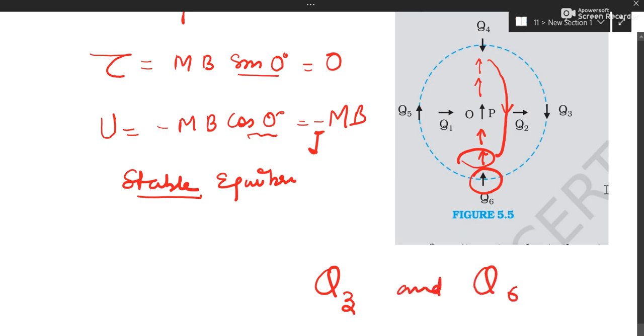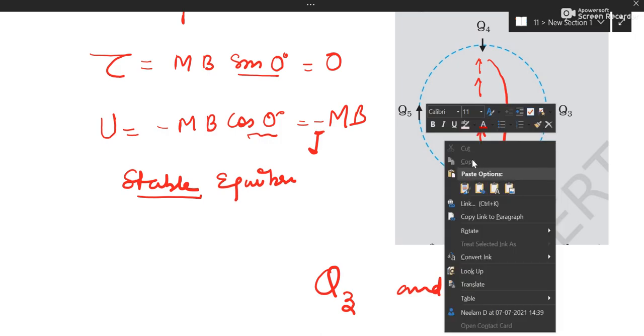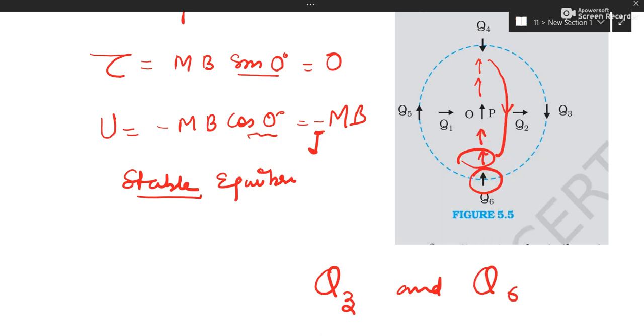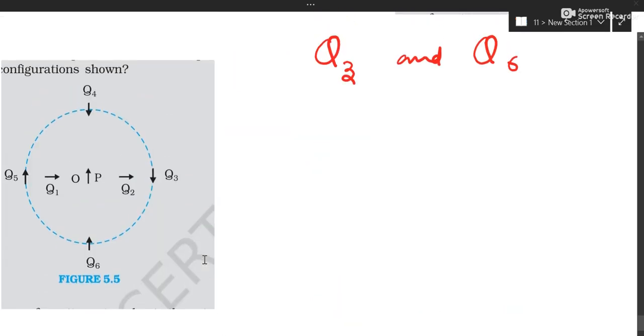So let us see the picture once again. Okay, so what is the question now? The question is which one is having least energy, like most stable. Two are showing stable equilibrium, Q3 and Q6, both showing minimum energy, but whose is the minimum? See, this is the magnet, and Q3 is located here.